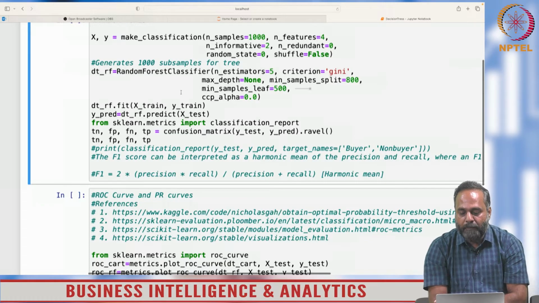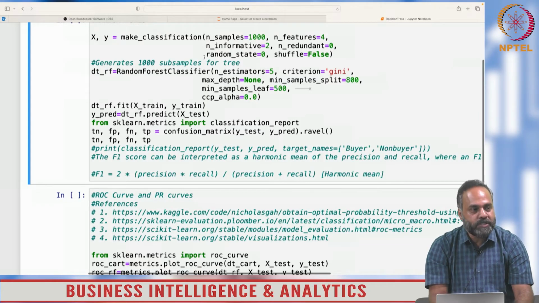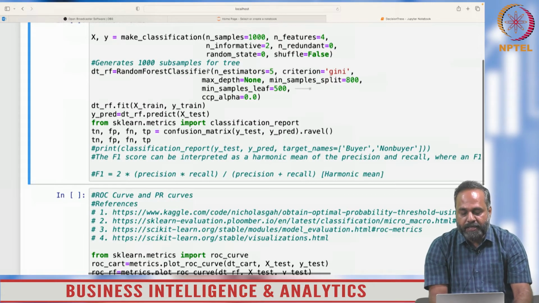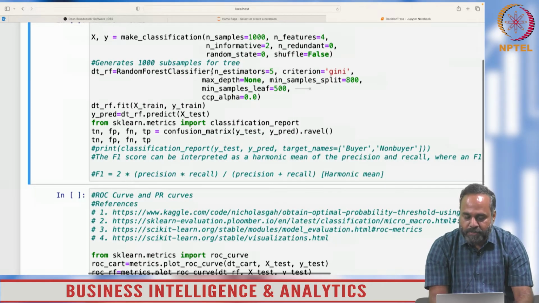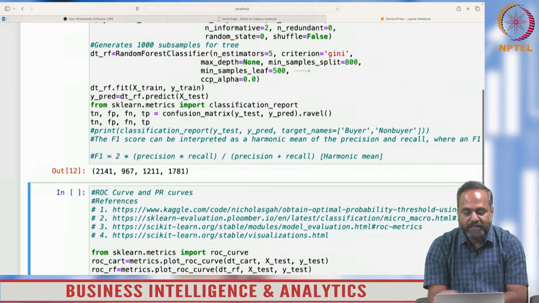You just have to call a different function called RandomForestClassifier. make_classification will do the bootstrapping. Bootstrapping is done first, then the random forest classifier is specified, and then the fitting is done. That's all. Just run this, and here you get the confusion matrix for the random forest.